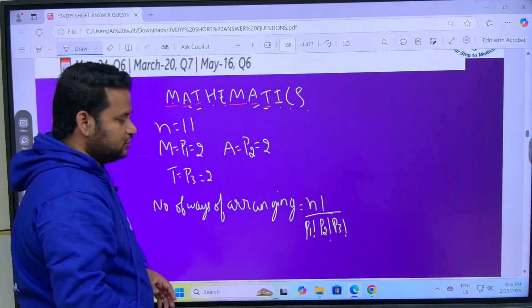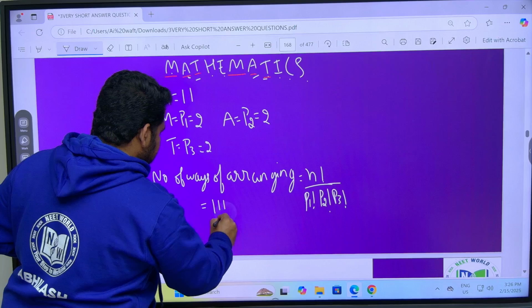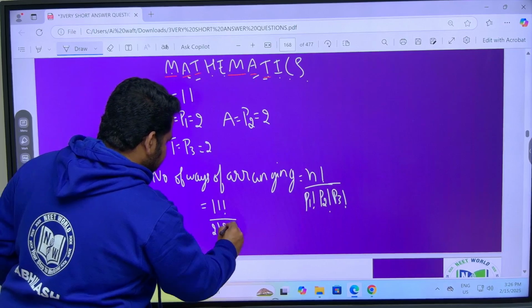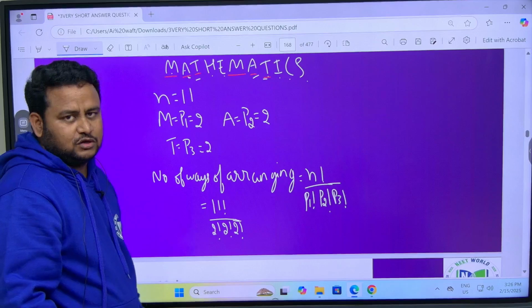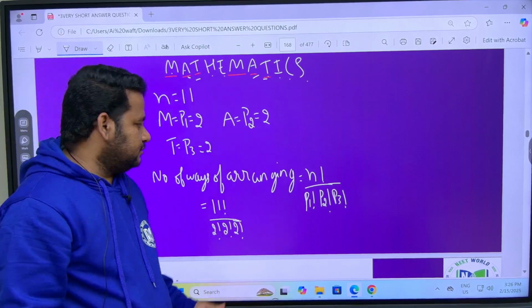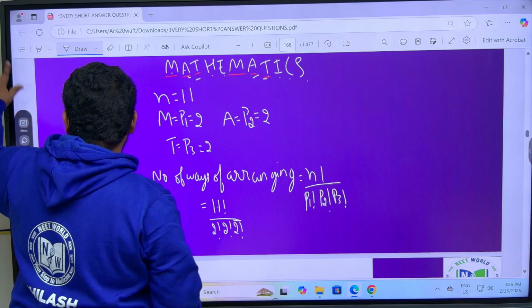Similar to the first question. So n factorial is 11 factorial, divided by 2 factorial into 2 factorial into 2 factorial. Got it, friends? If you solve this, you will get the answer, but you can keep it as it is. That is also fine.